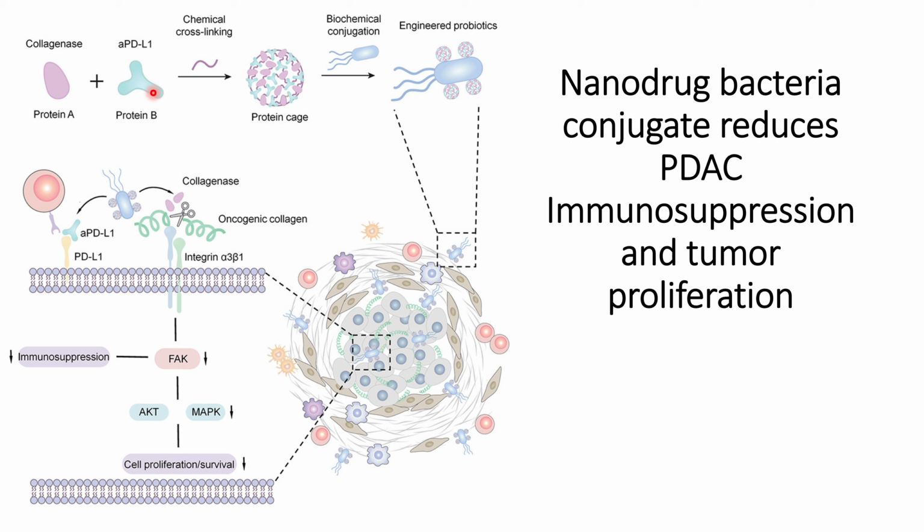The E. coli bacteria that they used has the specific property of hypoxia tropism, that is, it will go into the hypoxic environment easily.